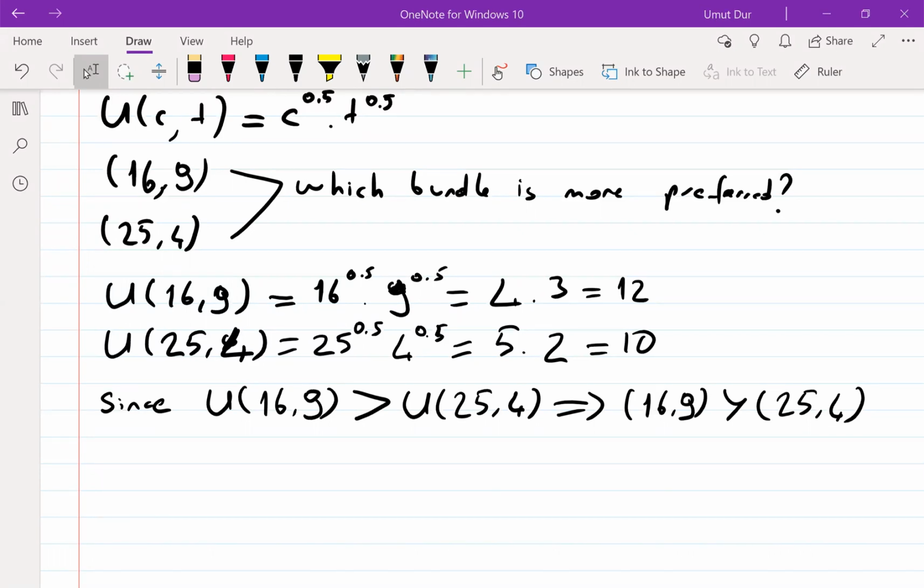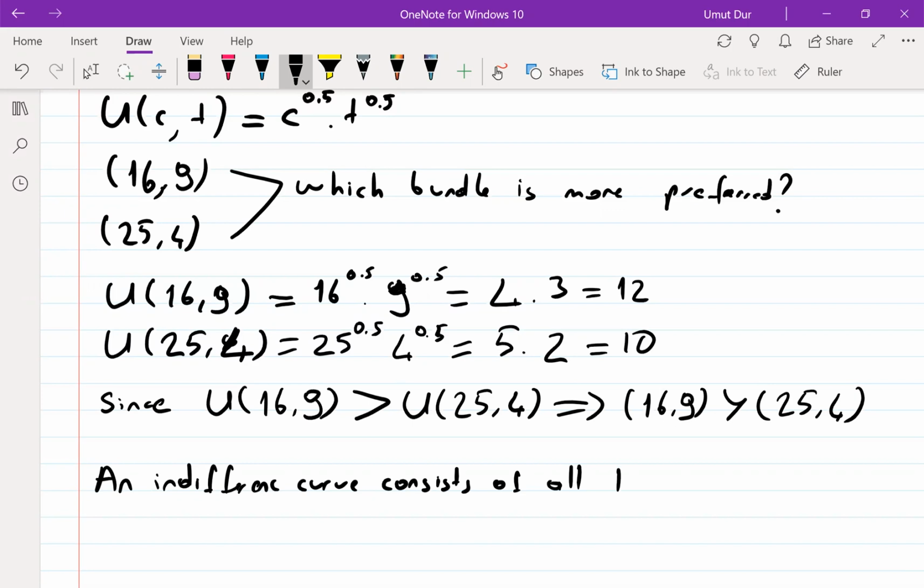Remember that an indifference curve consists of all those bundles that correspond to the same satisfaction.